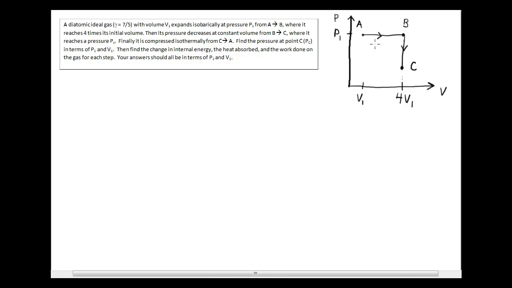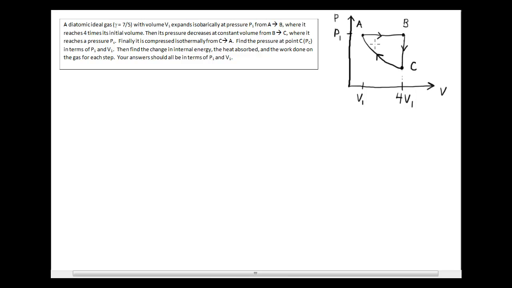Then it says it's compressed, which means volume goes down, from C back to A, and it does so isothermally. And you remember how isotherms look on a PV diagram. They have this hyperbolic kind of character, and so I draw that in and put the arrow appropriately to show going from C to A, and that's my isotherm.